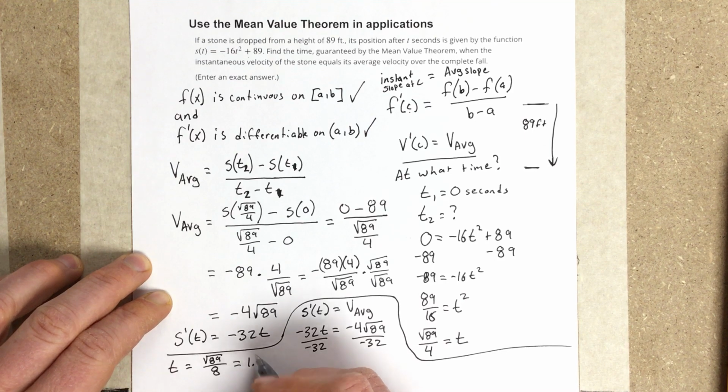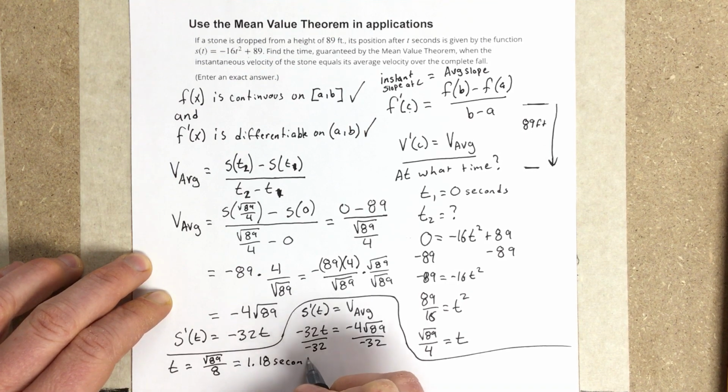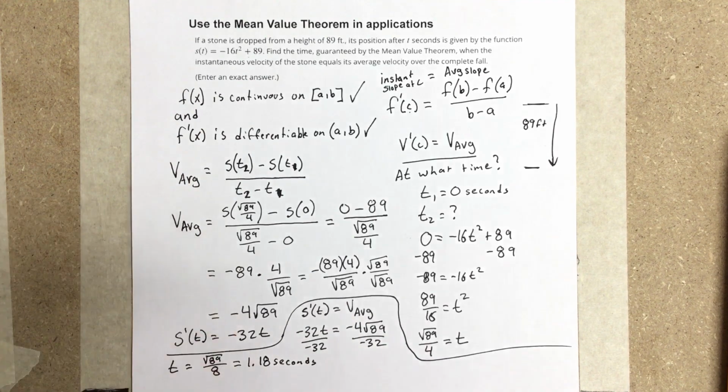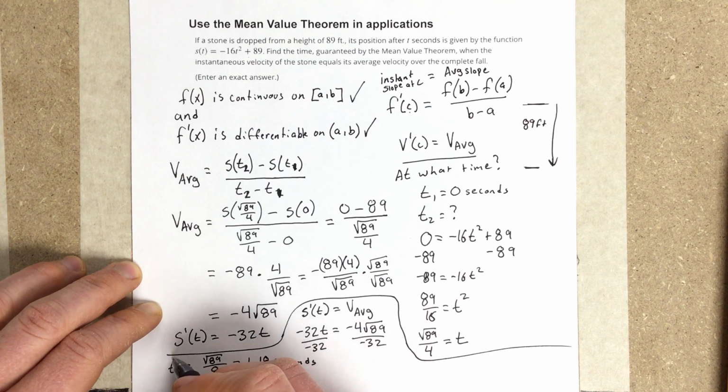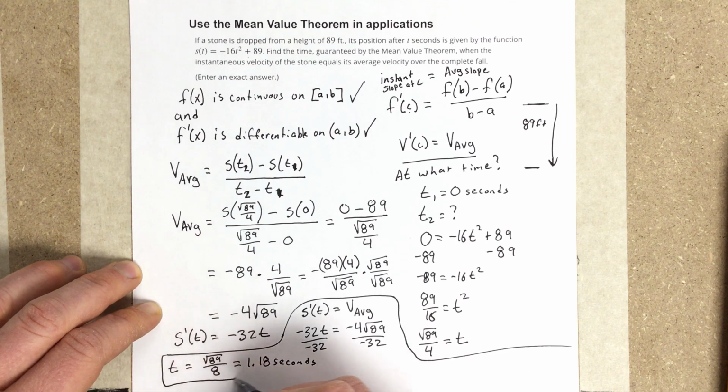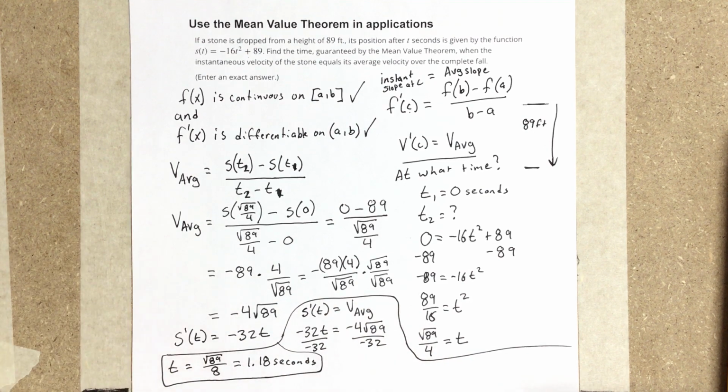That's 1.18 seconds. And so we use the mean value theorem to find this value for t, for the time, which was 1.18 seconds. And so that's how you use the mean value theorem in applications.